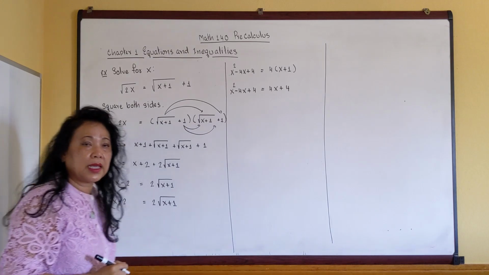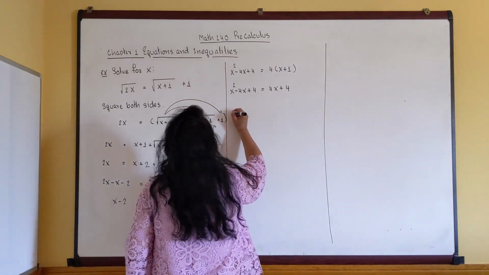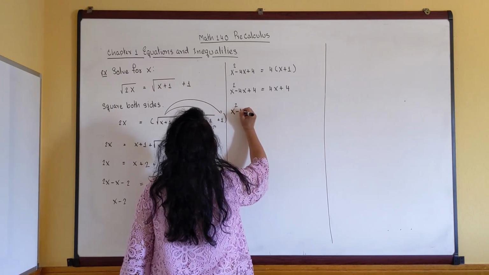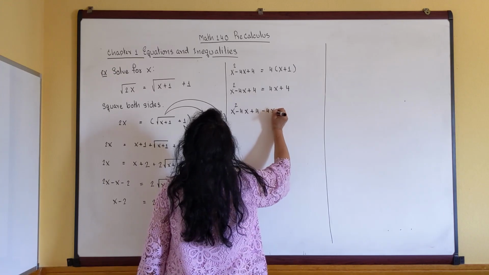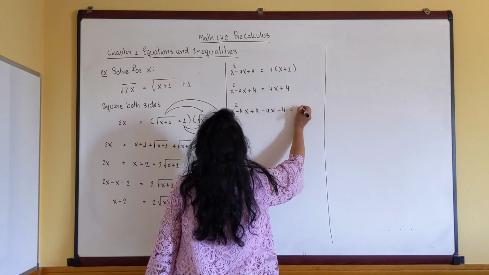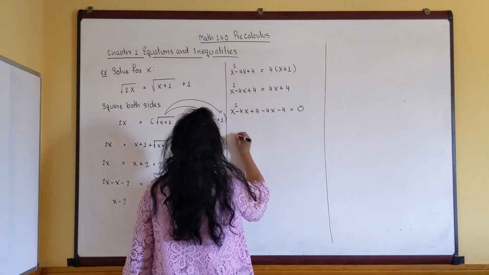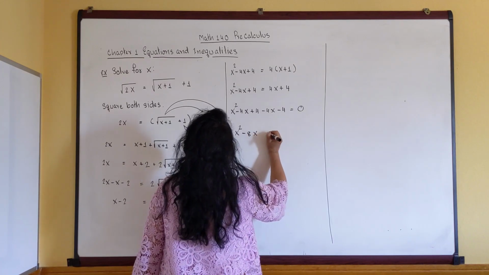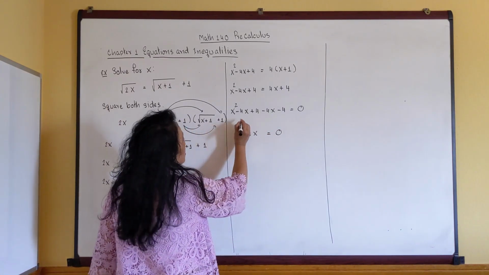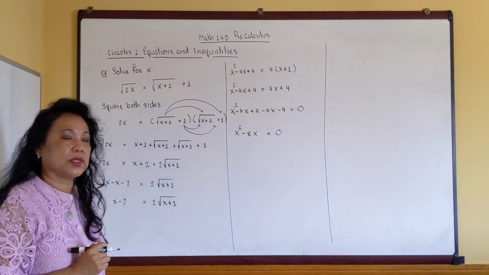Now it's quadratic, so I'm going to set it equal to 0. So I'm going to have x squared minus 4x plus 4 minus 4x minus 4 equal to 0. Combine like terms on the left hand side, I'm going to have x squared minus 8x equal to 0, because these two terms become 8x, and 4 minus 4 is 0.